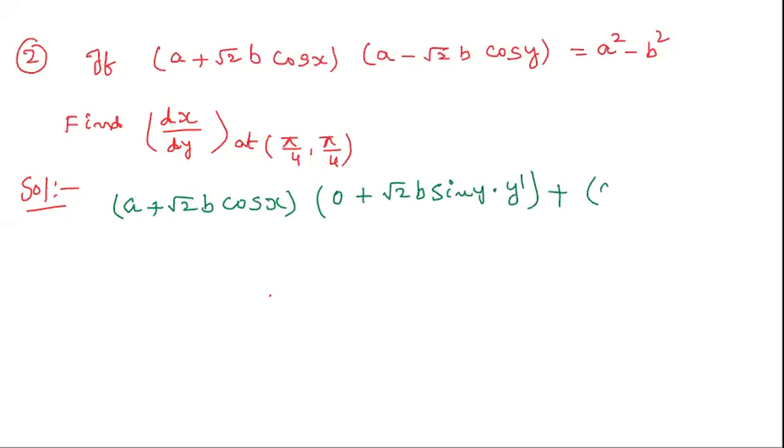Now here a minus √2 b cos y is the constant. Now the derivative of a + √2 b cos x: we get 0 minus √2 b sin x, because the derivative of cos x is minus sin x. That is equal to the right hand side, totally constant, that is 0.